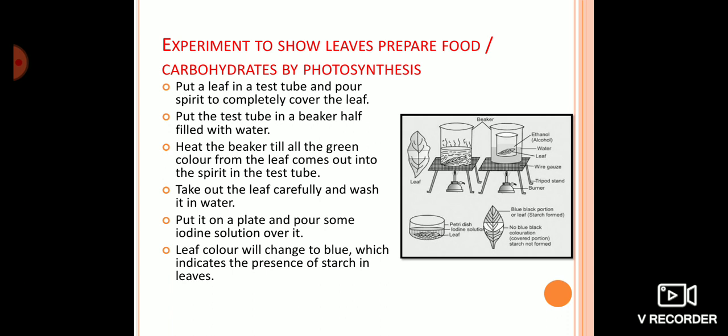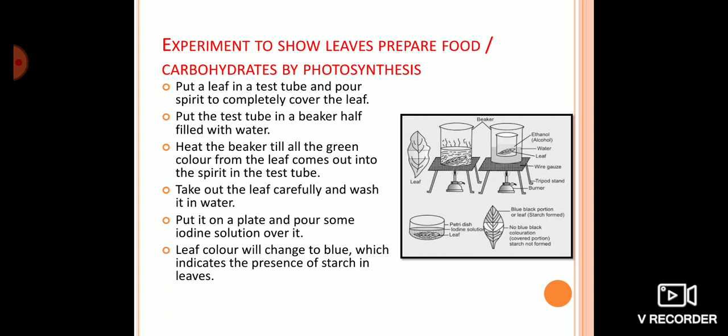For that, take the leaf and put it into a test tube, and then put alcohol over it. After that, put the test tube in a beaker which is half filled with water. Then heat the beaker till all the green color from the leaf comes out into the alcohol in the test tube. Now your leaf is colorless. You can clearly observe the color change.